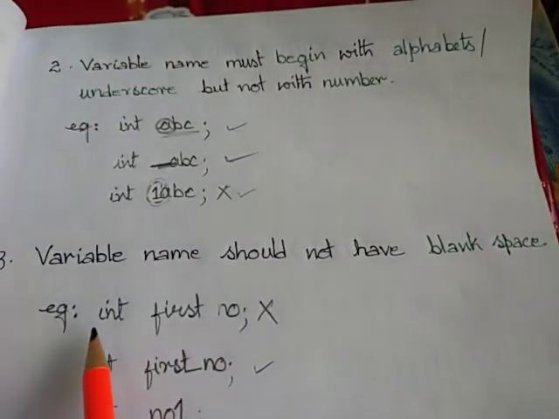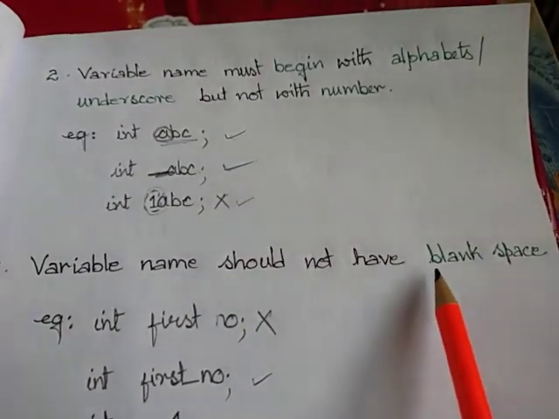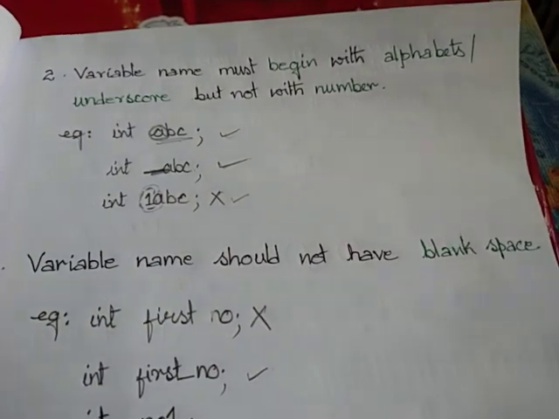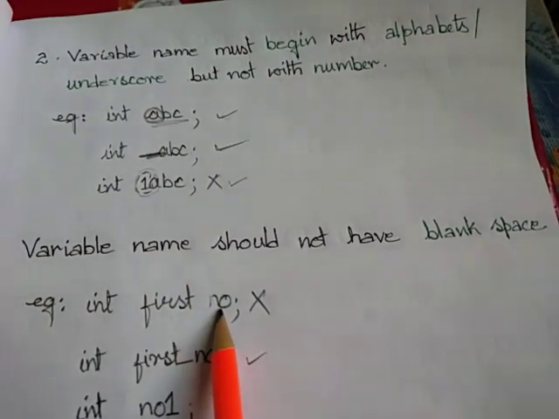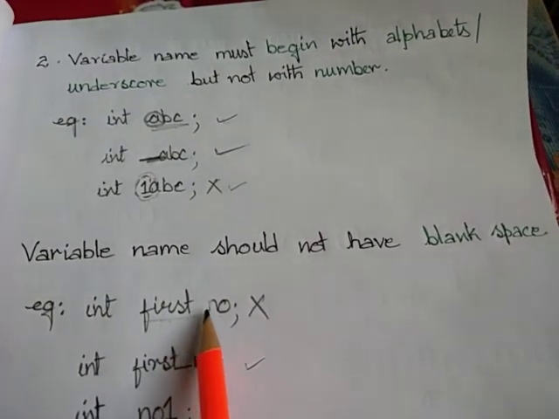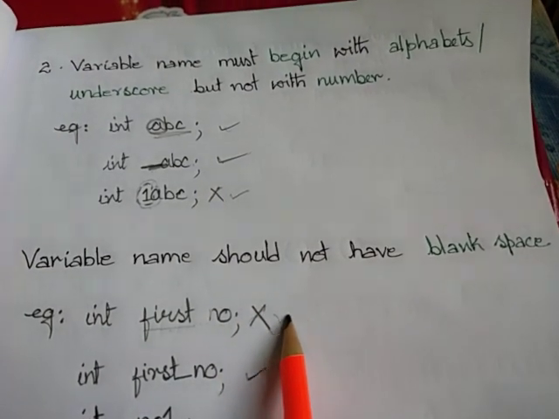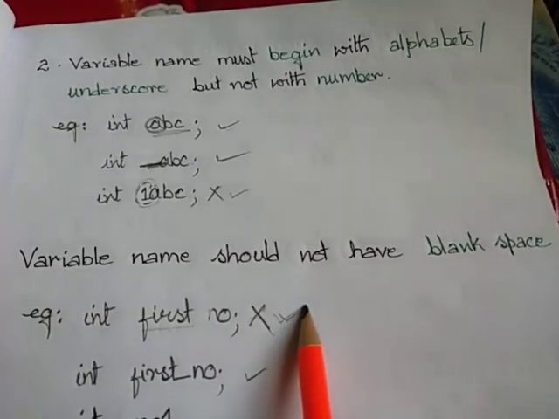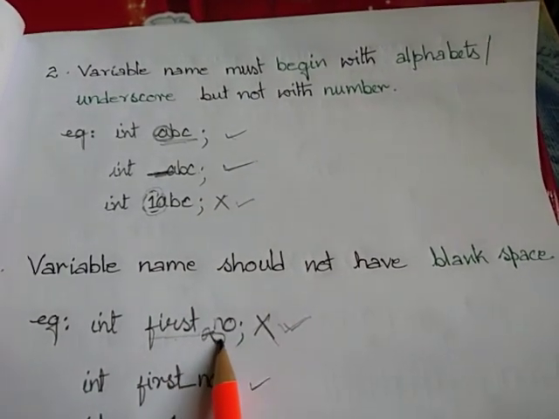In the third rule, we have that a variable name should not have any blank space. For example, over here I wrote int first number. I wrote the name first, then I left a space and then number. Again, this is the wrong way of giving the name for your variable. Blank space is not allowed.